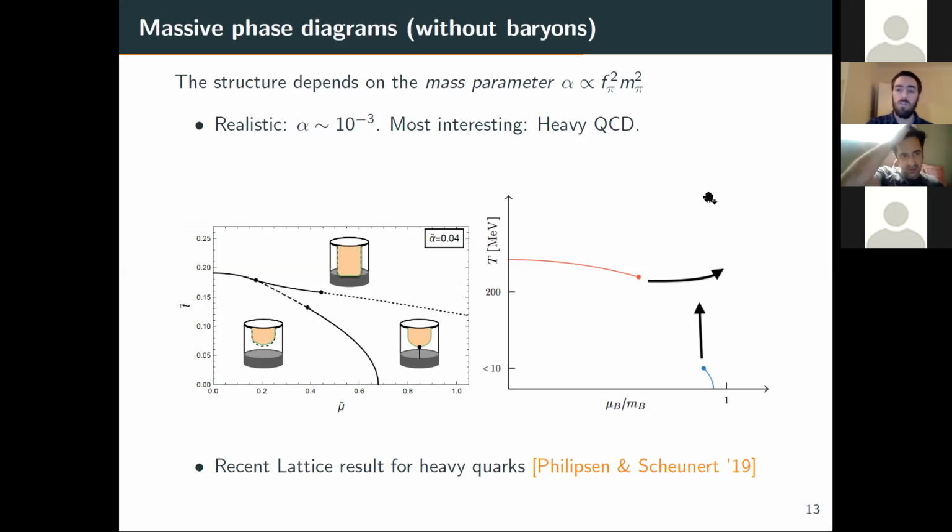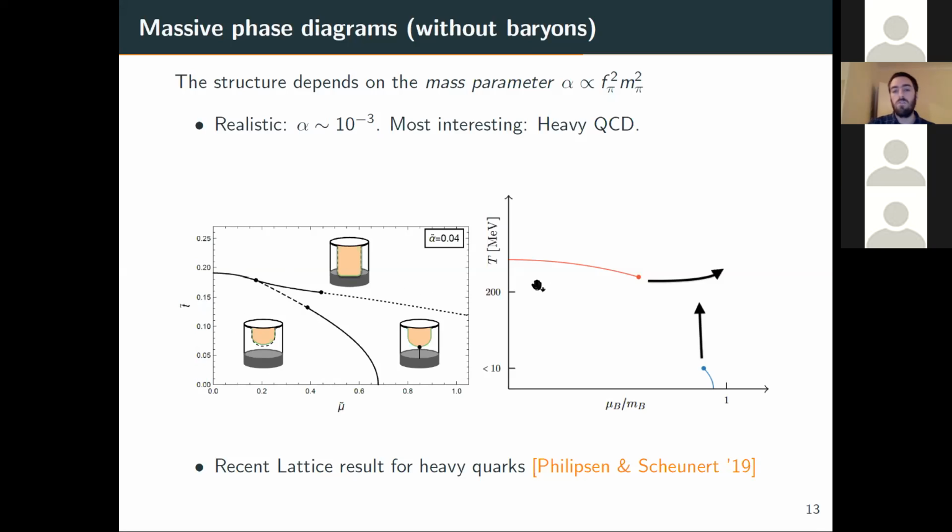Is this just a crossover, or a higher order phase transition? What do you mean by this one is a crossover, and this one is a second order? It's second order because, I think, this is not 100% sure, but I think it's just a large N effect. I think it would be a crossover, but the problem is that at large N you get really zero density here, and then this has to be second order.